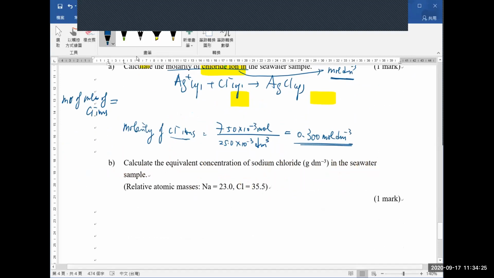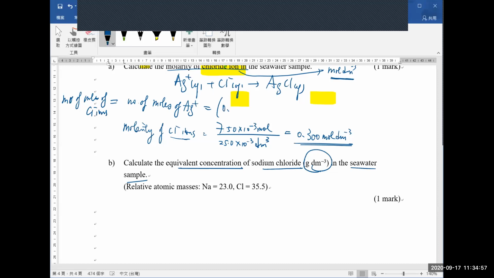So as said before, B part: the equivalent concentration of sodium chloride in mole per dm cube in a seawater sample. Okay. I would like to ask Chen Junhei, how to calculate this? Chen Junhei?